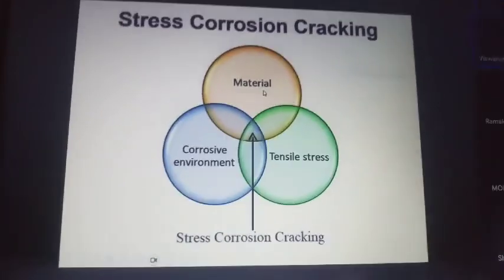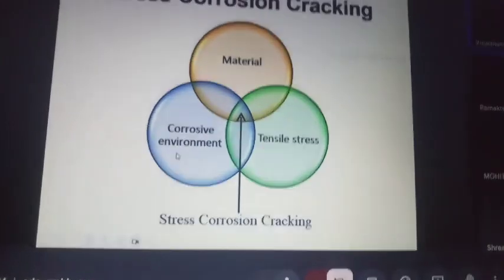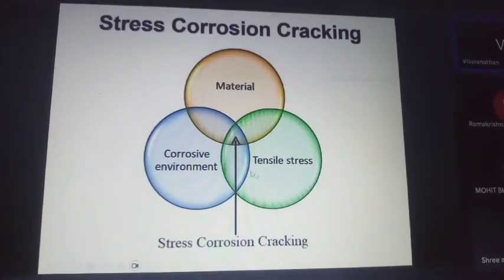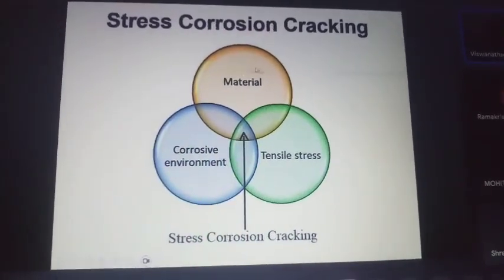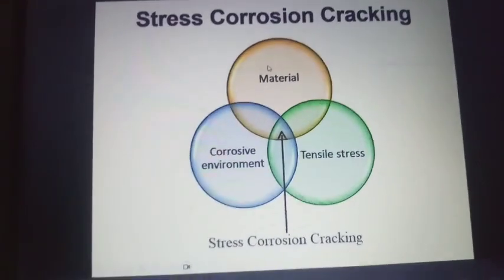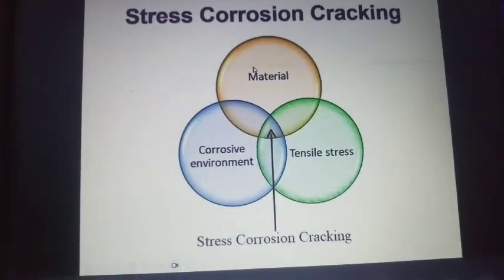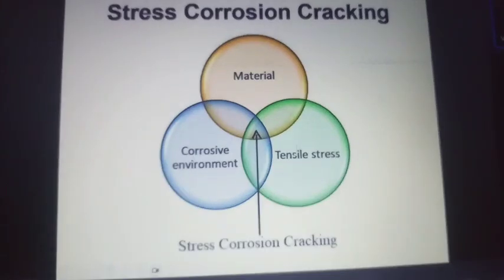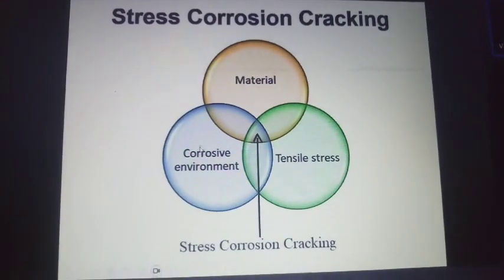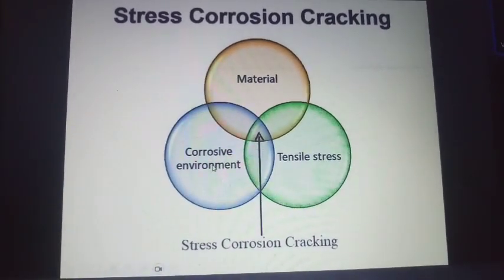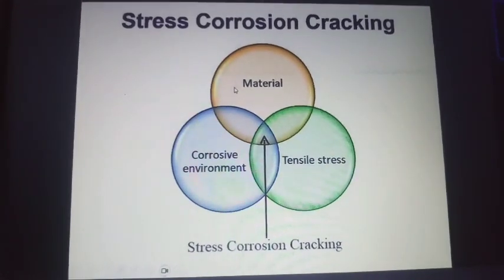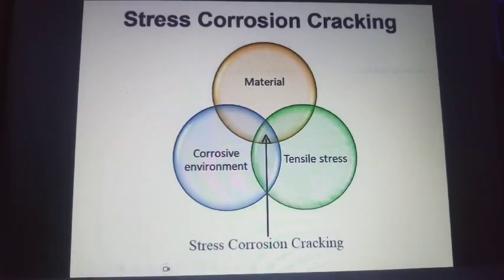If you cut any one of the criteria, then you don't end up in SCC. So that's why most of the time we end up with proper material selection to avoid chloride SCC, because we cannot avoid tensile stress in service. We cannot avoid the chloride corrosive environment. So we select the resistant material.